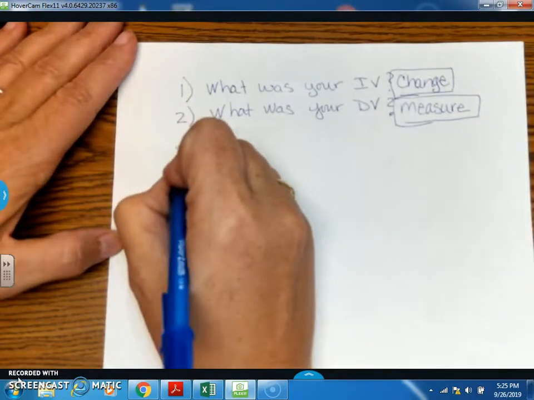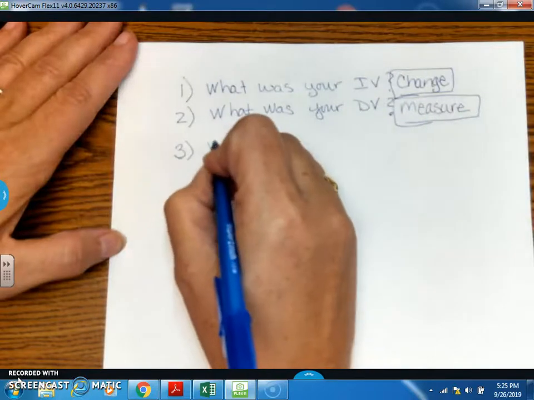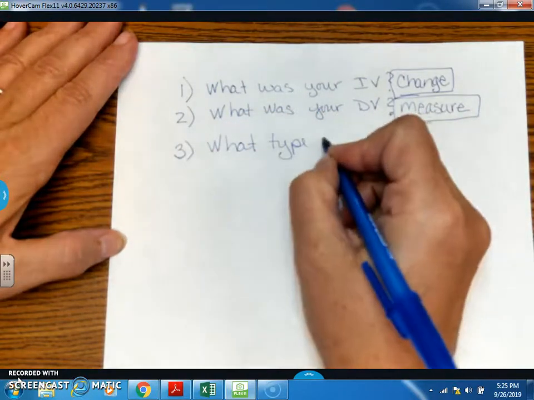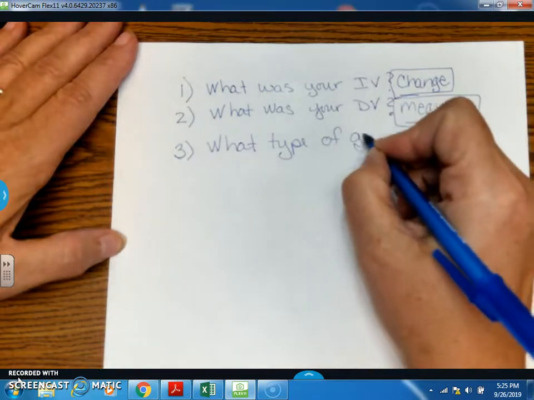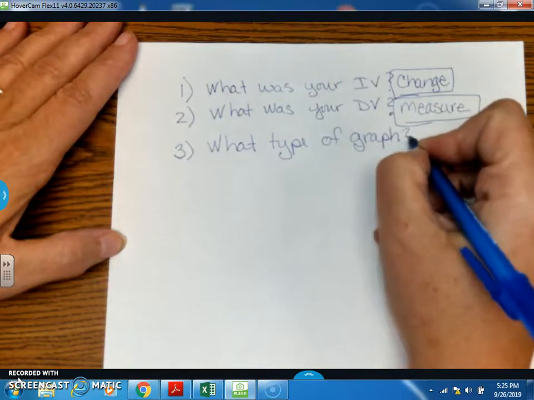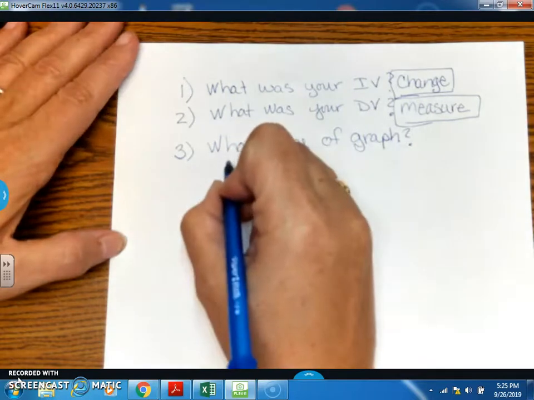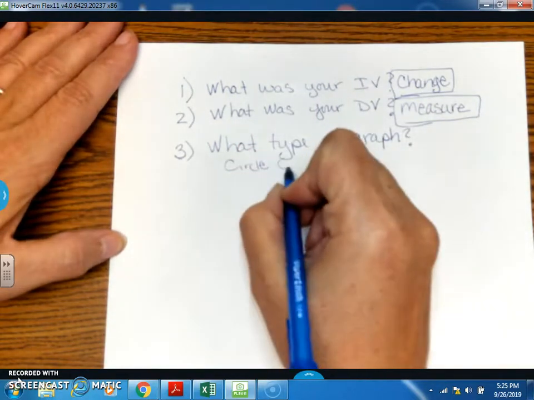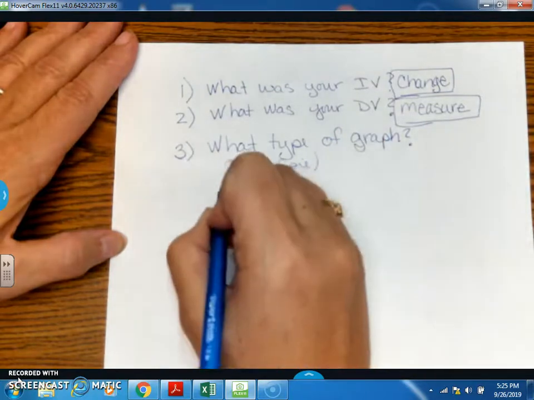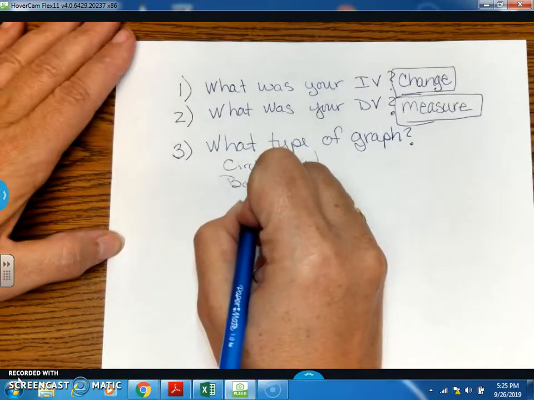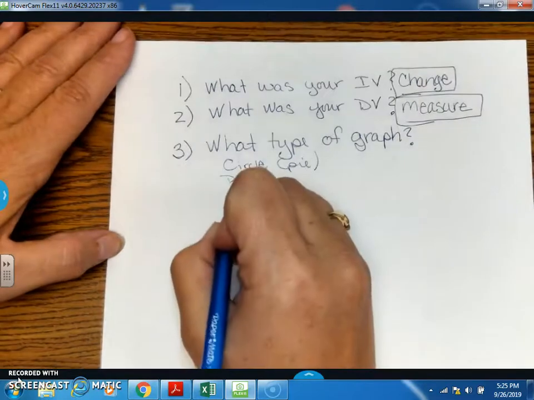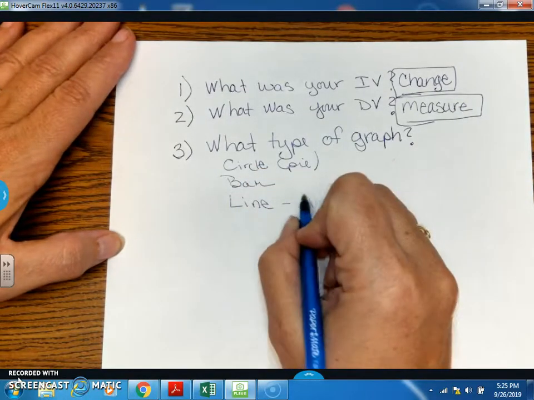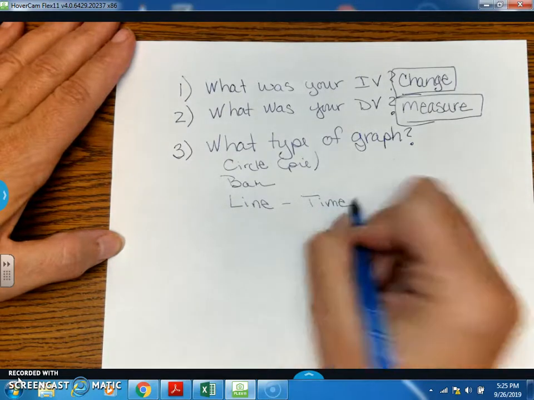The third thing you need to ask yourself, what type of graph? You have a circle, you have a bar, and you have a line. This one shows time.